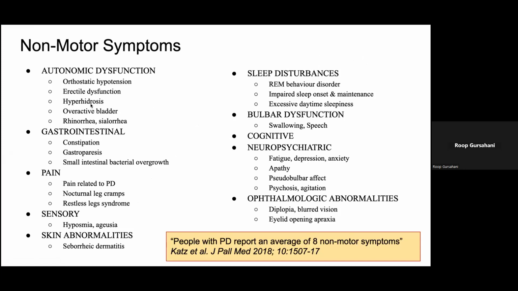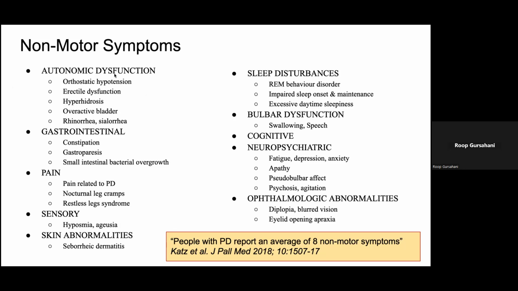The non-motor symptoms of Parkinson's, we now know, and this is very important for palliative care, because neurologists and movement disorder specialists are very good at handling the motor symptoms in terms of treatment, and we'll talk about other things that can also be done. But it is the non-motor symptoms that make for most of the disability and most of the trouble living with it for patients and families.